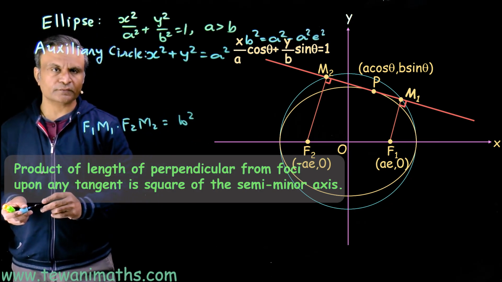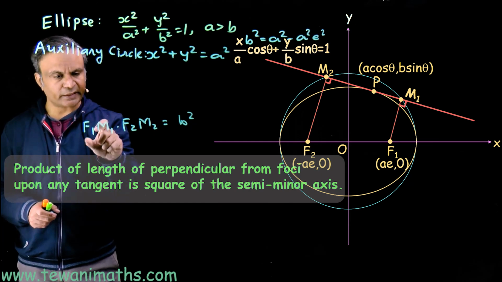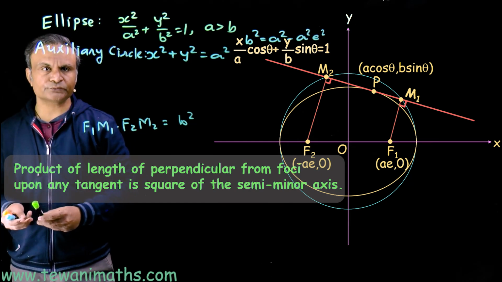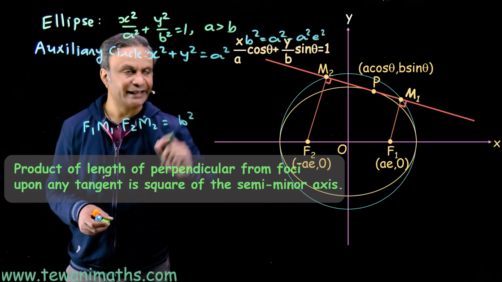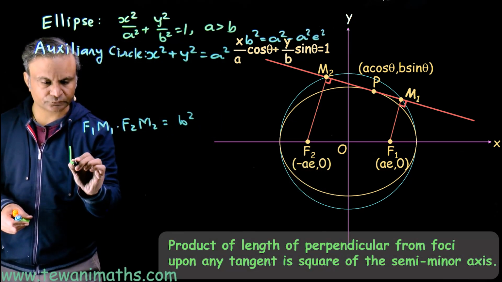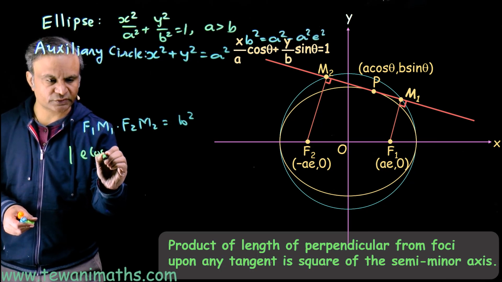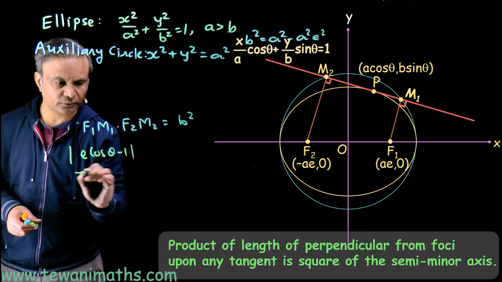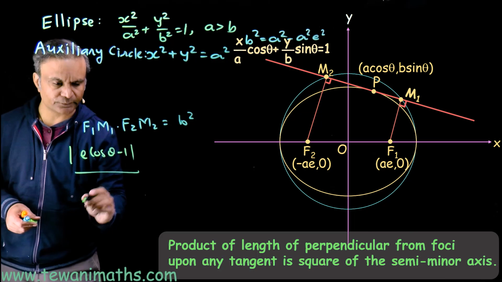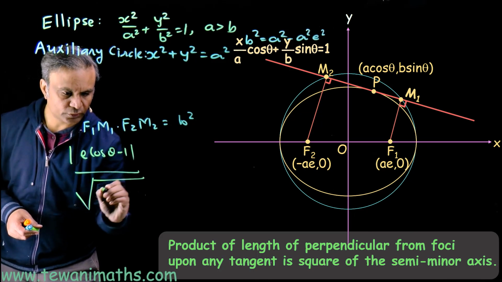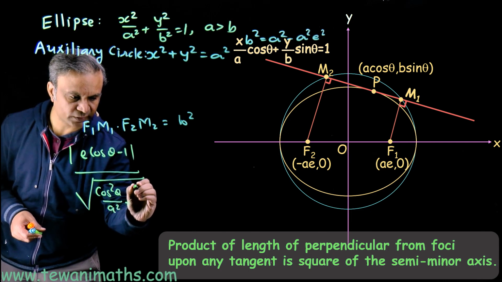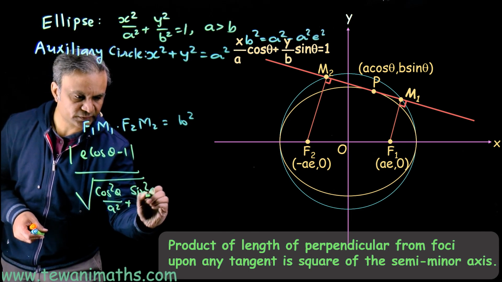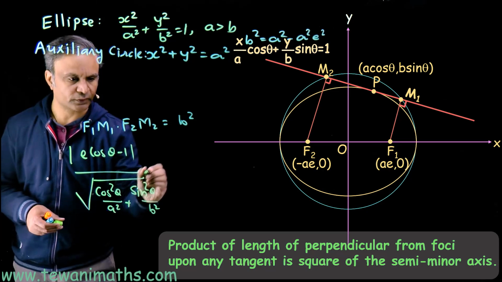Let's prove this. We can simply get f1 m1 and f2 m2. Distance of focus f1 from tangent line is modulus of e cos theta minus 1 upon root cos square theta upon a square plus sine square theta upon b square.